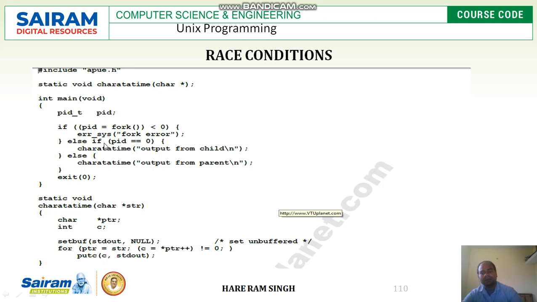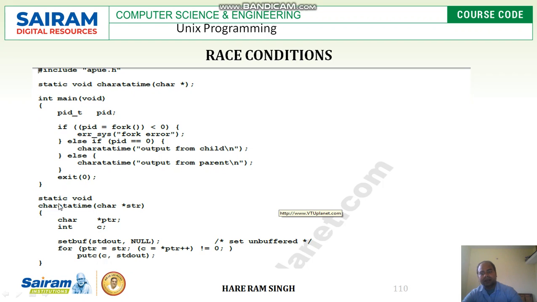So else if pid equal to 0, that is the child process, we call the function charatatime with the output from the child process. Else, for the parent, charatatime with the output from the parent process. Then exit 0.